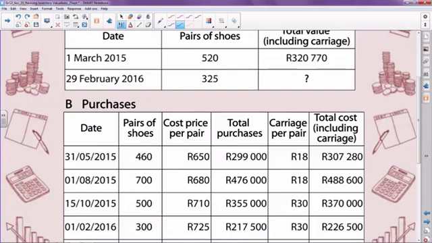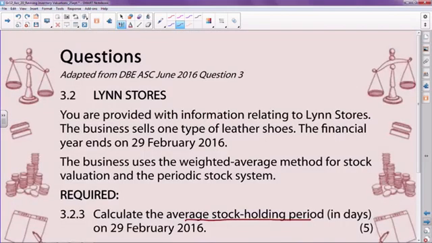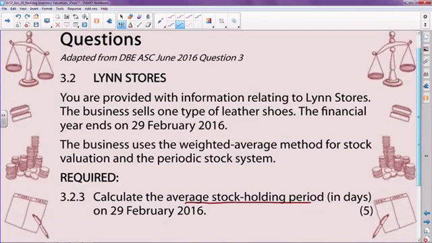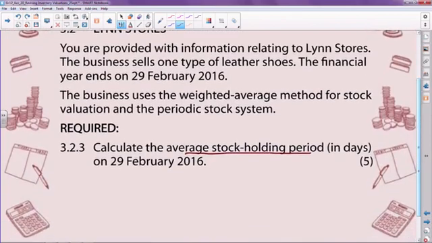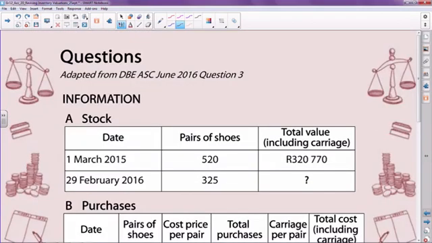Welcome back, grade 12s. The financial indicator that you are asked to calculate is your average stock holding period in days. Let's see if you got it right. Remember, the moment it says average, you take half of your opening stock, and you know that your opening stock was 320,770.